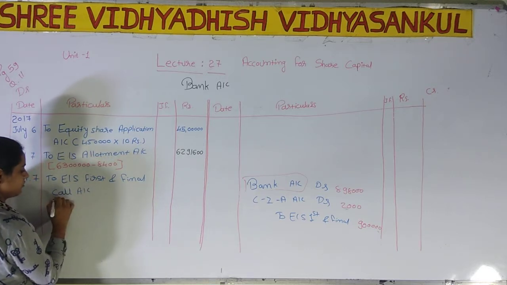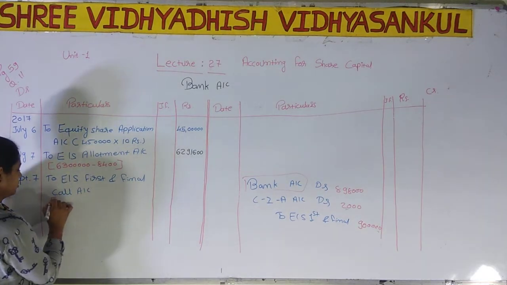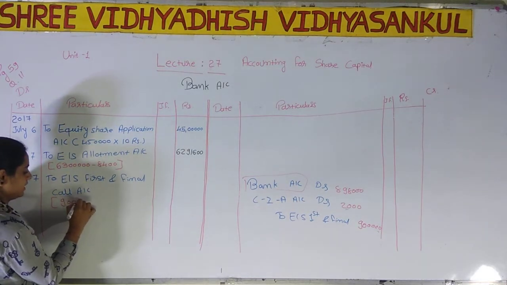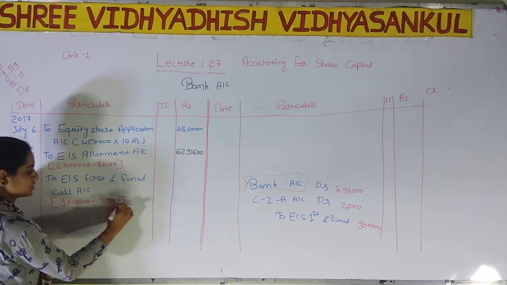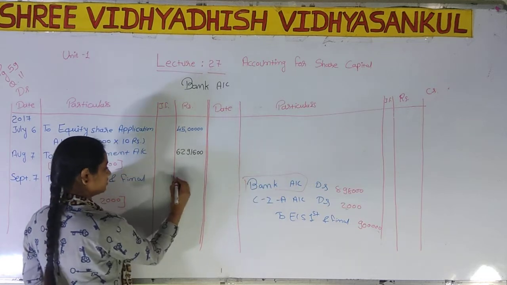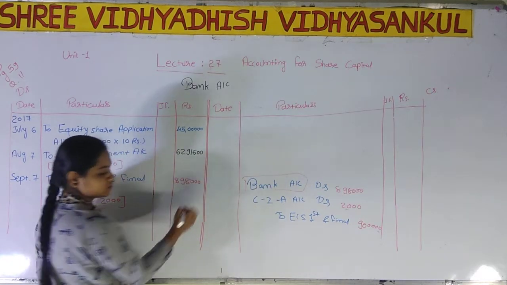And how will we find the amount? Total we have demanded 9 lakh minus we are not receiving 2000. That means we have to write the debit amount 8,98,000 rupees.